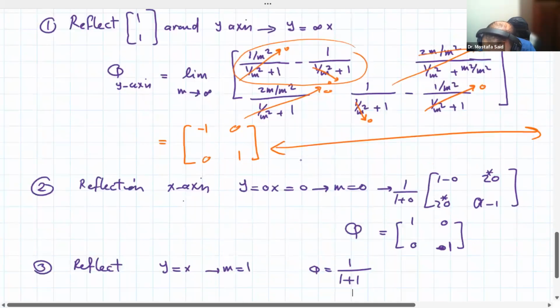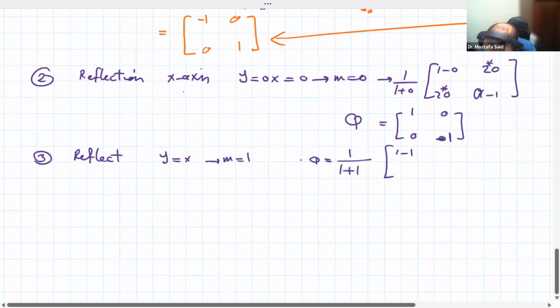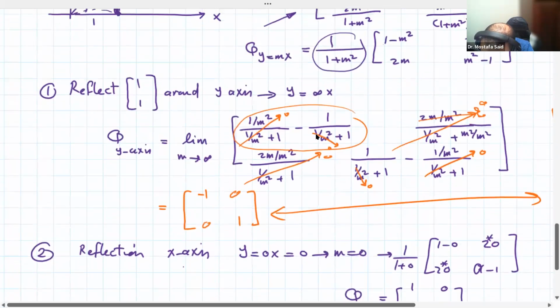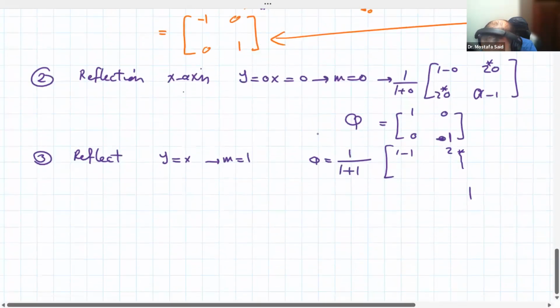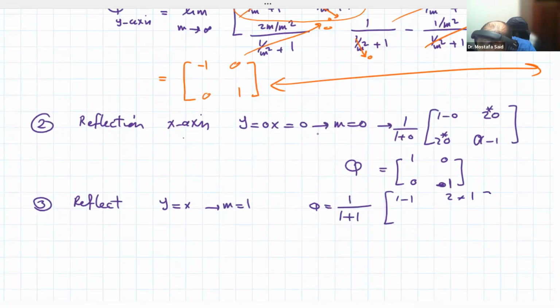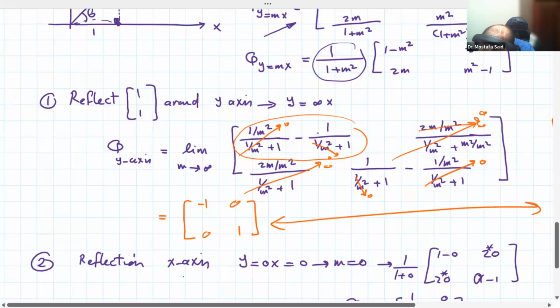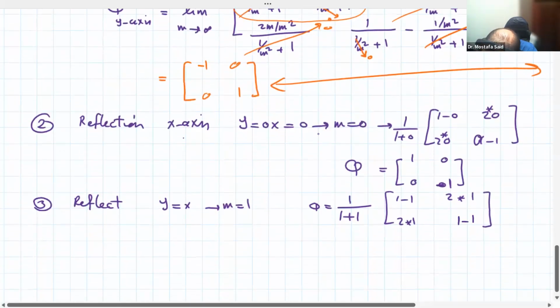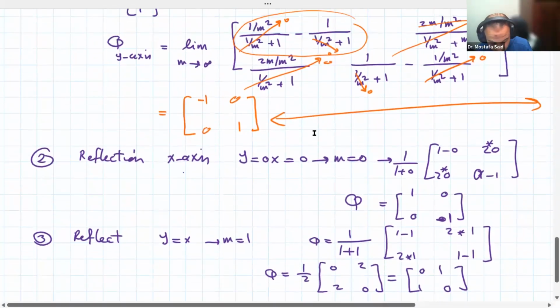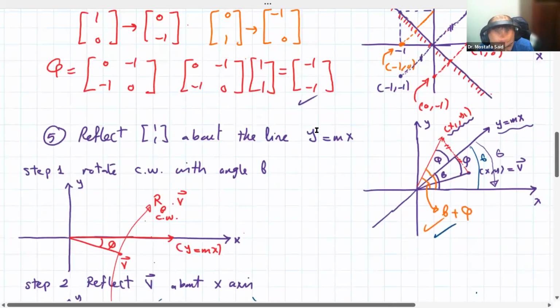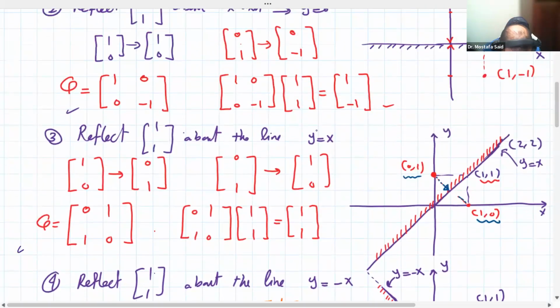Then 1 minus 1 is 0, then we have 2 multiplied by 1, then m squared minus 1, so 1 minus 1 is 0. We can multiply the half inside, so that will be 0, 1, 1, 0. Correct.